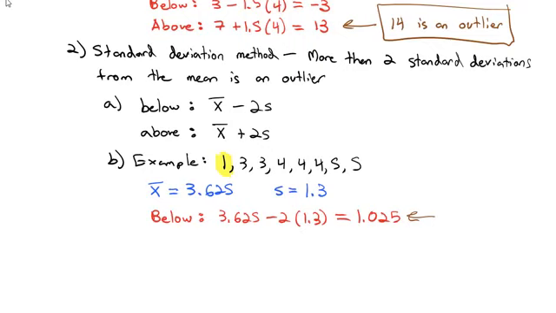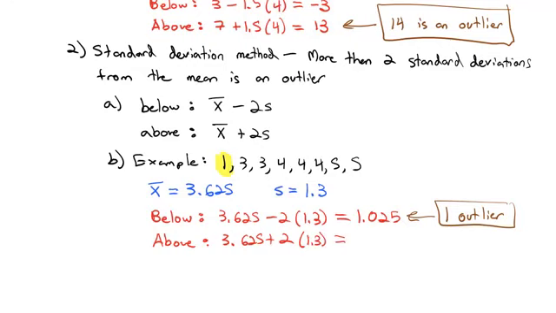It's just a little below, but it is below. Here, 1 is an outlier. We also have to check above. So we'll do the 3.625 plus 2 standard deviations, or 2 times 1.3, which gives us 6.225. Nothing above 6.225, so the only outlier we have here is the number 1.